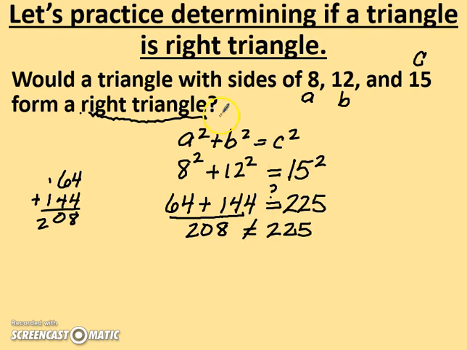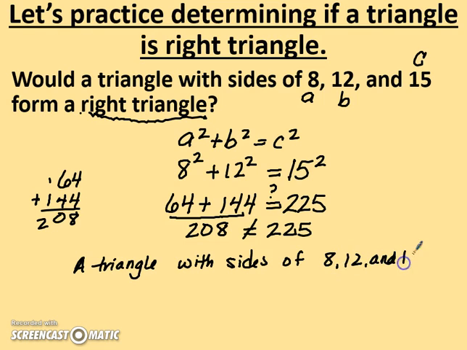Therefore, this is not a right triangle. So a triangle with sides of 8, 12, and 15 would not be a right triangle.